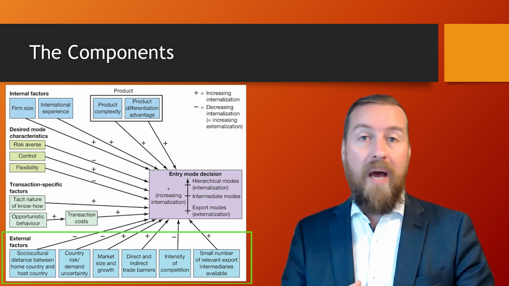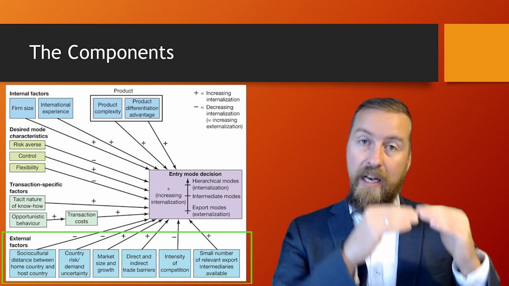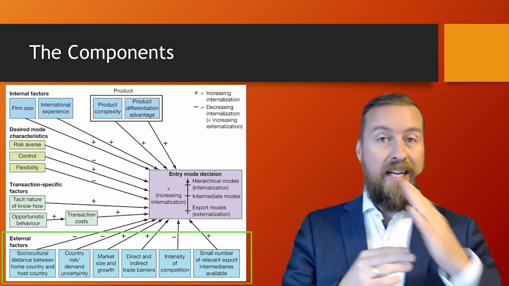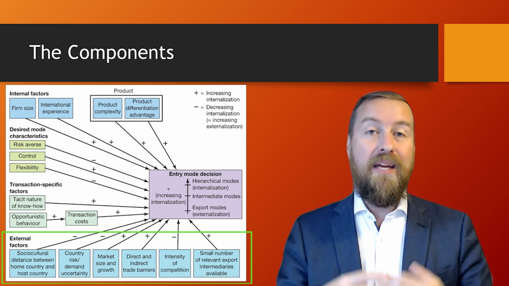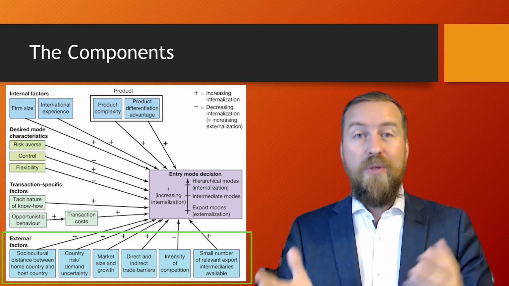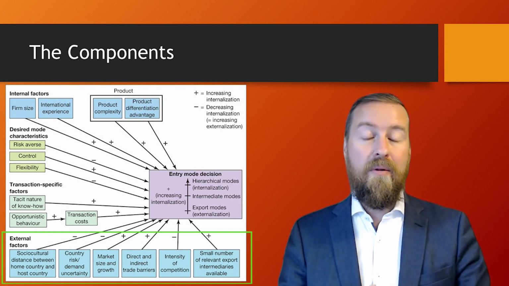Is the demand very uncertain? Is it a market which is at a low level right now, but expanding very heavily? Well, then it's a big uncertainty, which also leads me to the next one, the market size and the growth.